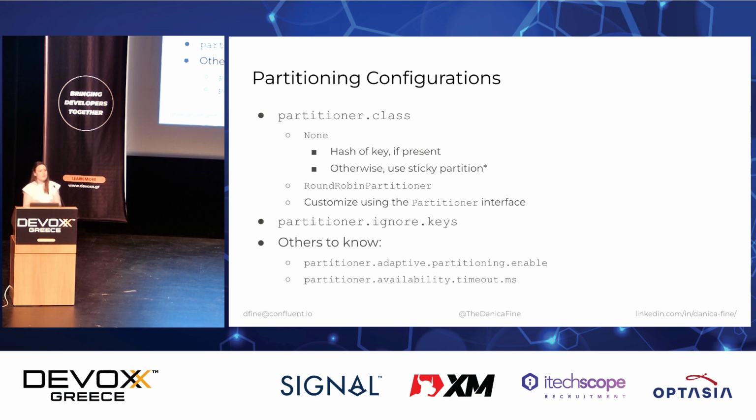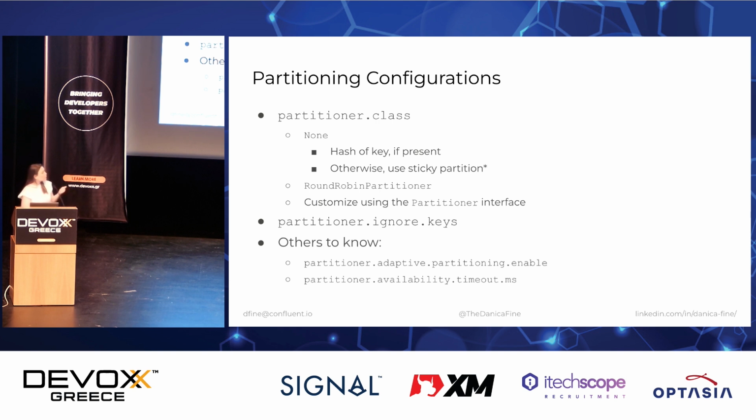And so what that's going to do is assign a partition to each of those events in a batch, right? So some number of events are going to receive the same partition, and then once that reaches a limit, we're going to send it to the next partition and keep going. It's going to try to evenly distribute that data across those partitions. It might not be perfect, but it's going to try.